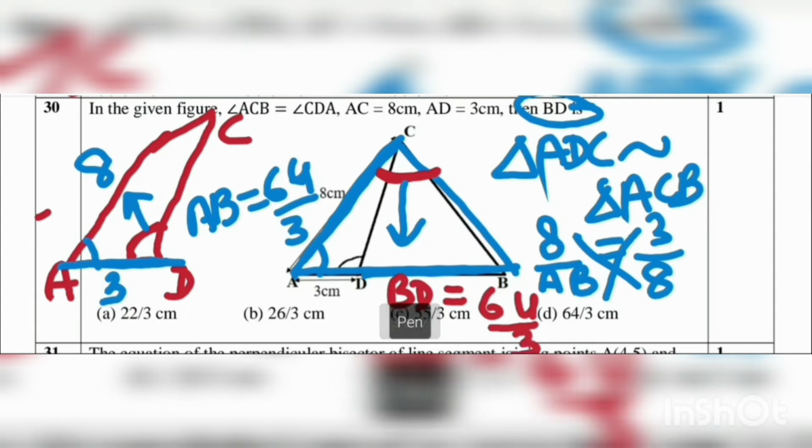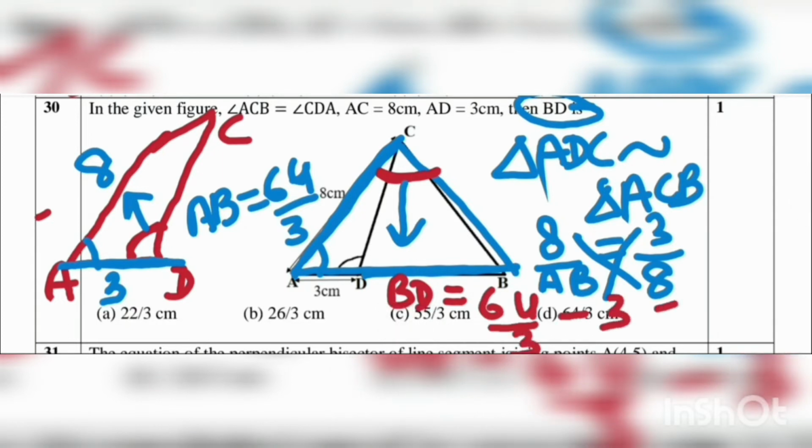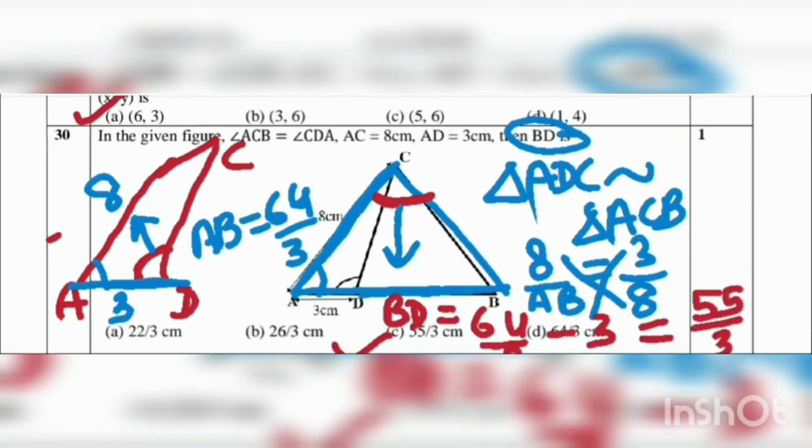On simplifying this, we get 55 upon 3. So the length of BD will be 55 upon 3, that is option C. Option C is the correct answer. Now let's do the next question.